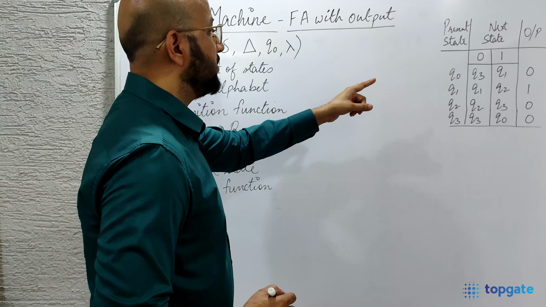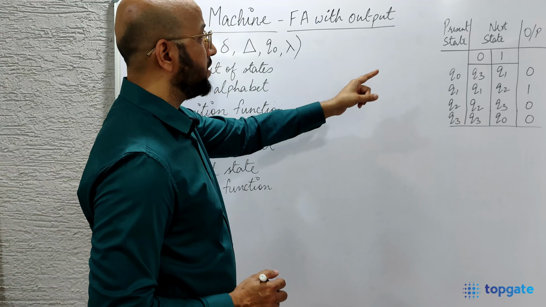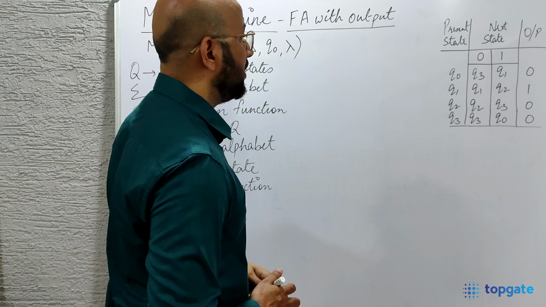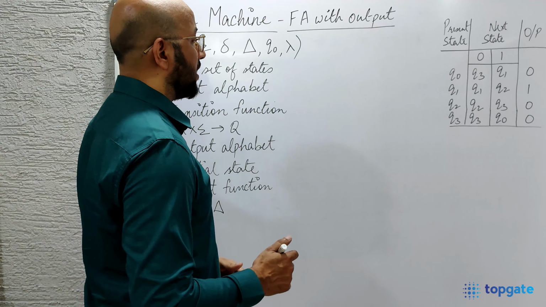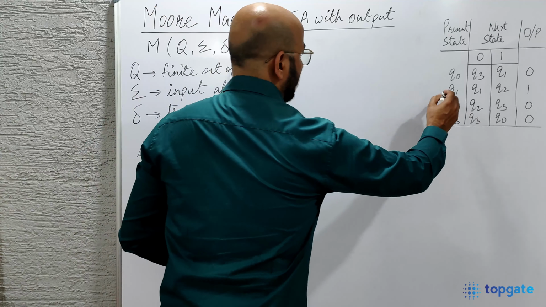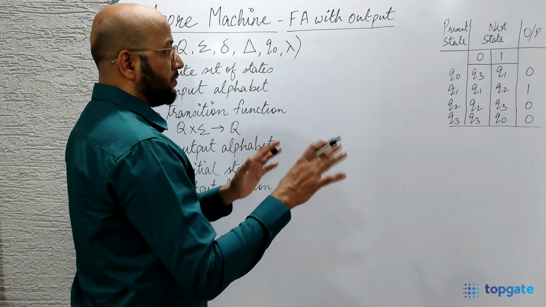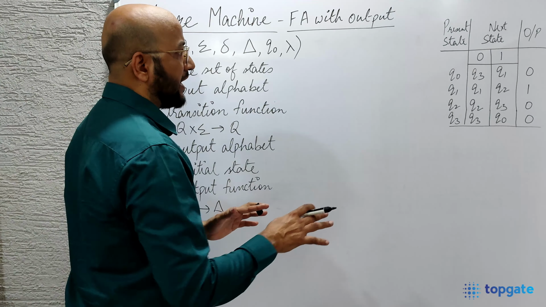Now let's see here. This is the transition table for the Moore machine, and let's see how we convert this transition table into the transition diagram of the Moore machine. So first of all, I will just draw it like the DFA only, and then we'll incorporate some changes, and then we'll call this a Moore machine.